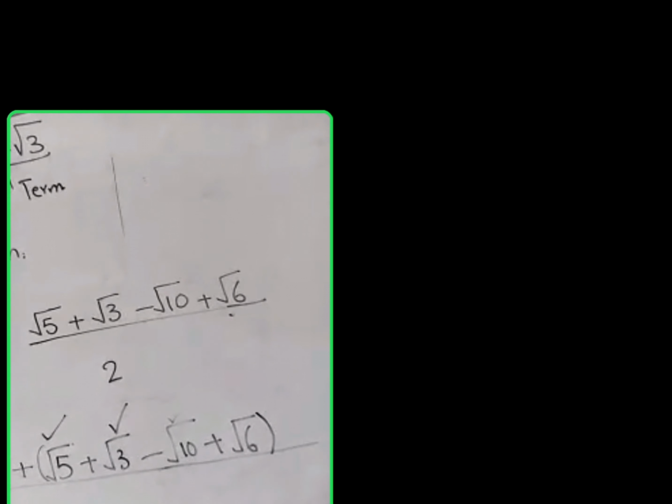Then this one plus square root 10. It is plus square root 10 minus square root 10. So what is left? Minus square root 6 plus square root 6. Is it? Yes, ma'am. And divided by 2.